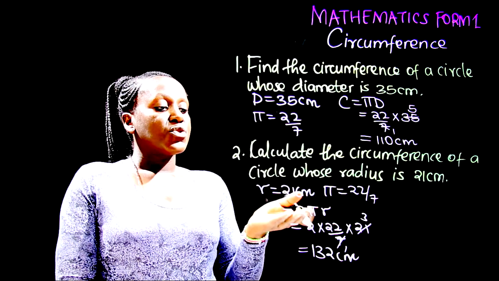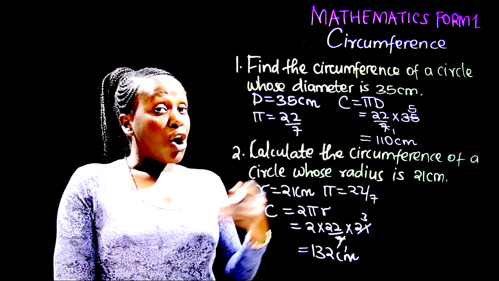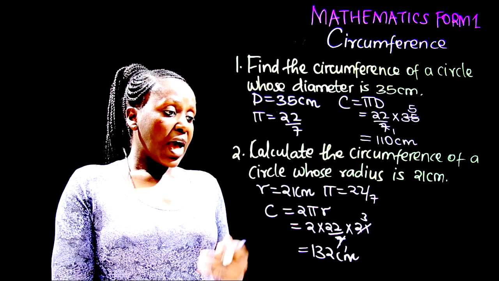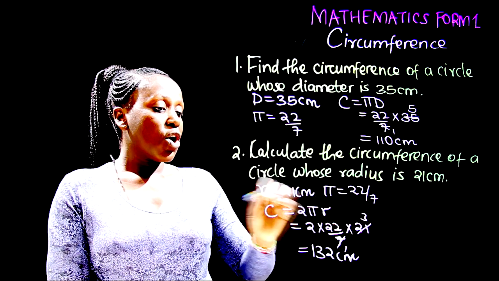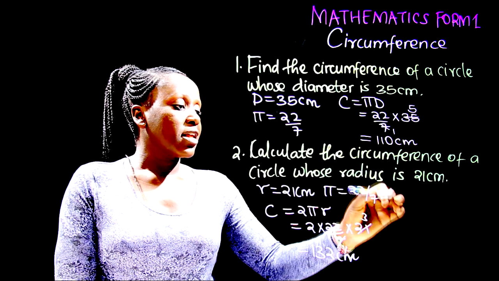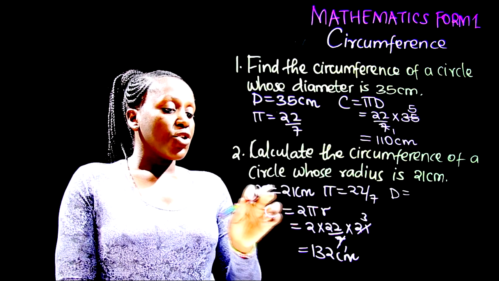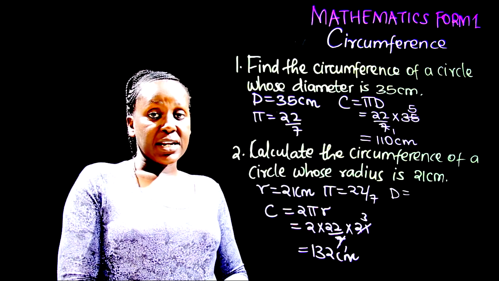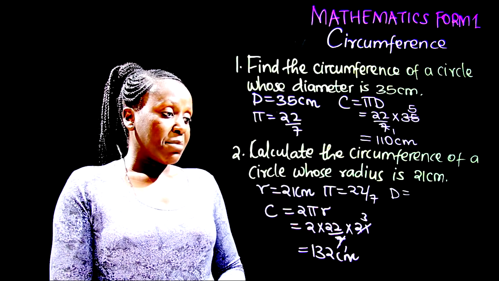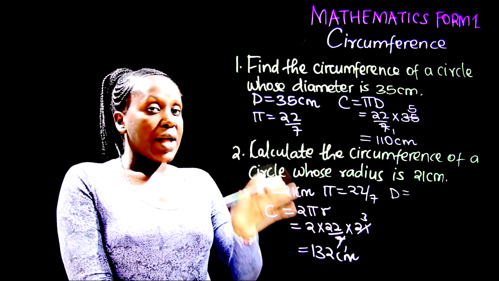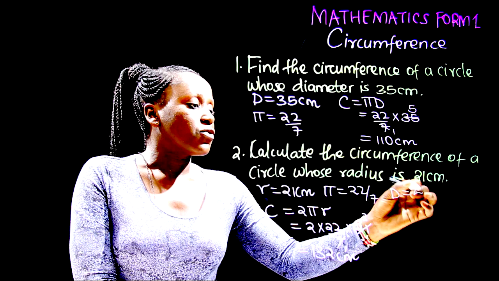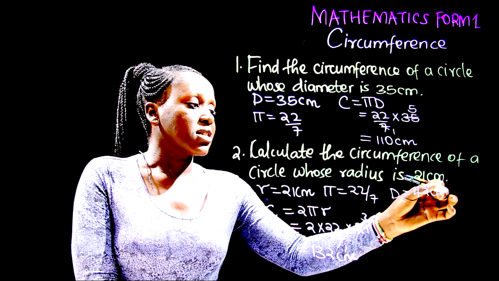If you don't want to use the formula 2 pi r, or if you can't remember it, then you can go on and from the radius obtain the diameter. We know that if you multiply the radius by 2, you obtain the diameter. So this would be 21 times 2, which is equal to 42 centimeters.